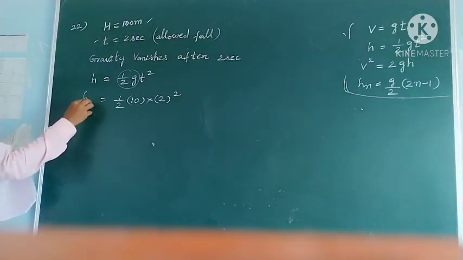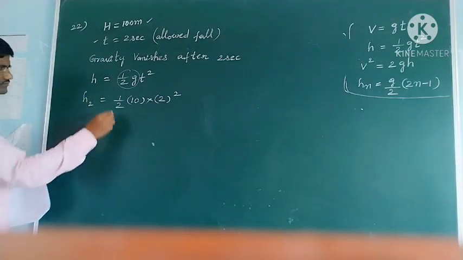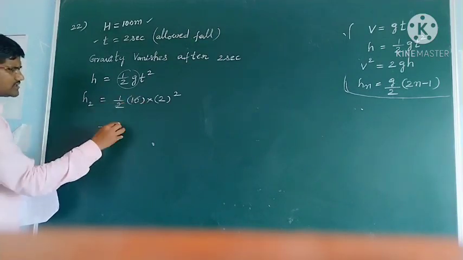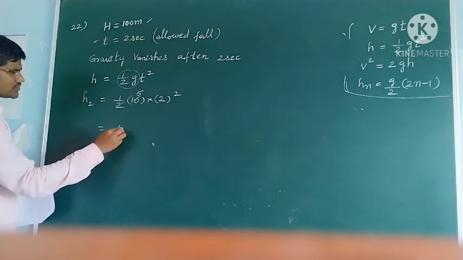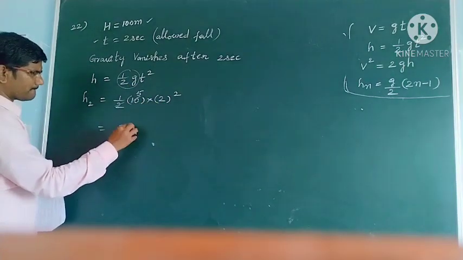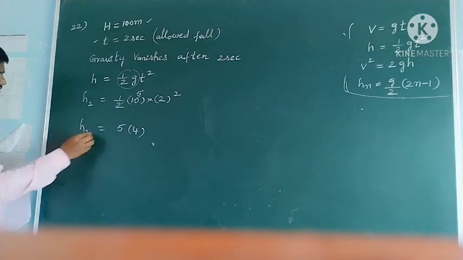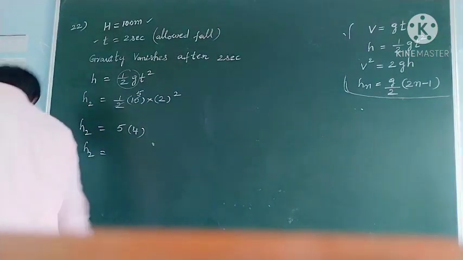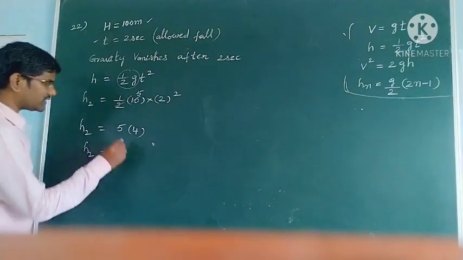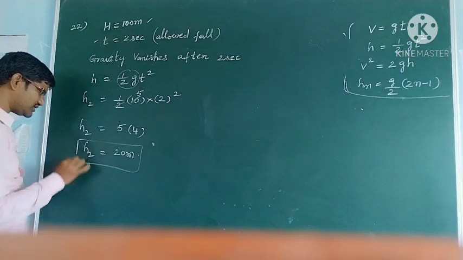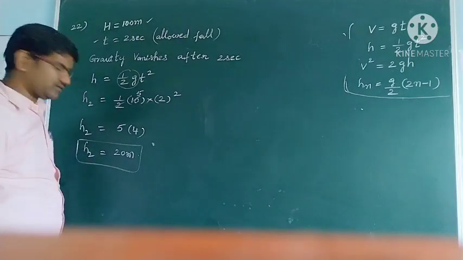This is the height fallen for 2 seconds. So half of 10 is 5, so 5 t square. t is 2, square is 4. So what height fallen will we get, students? So 20 meters is the height fallen we will get.